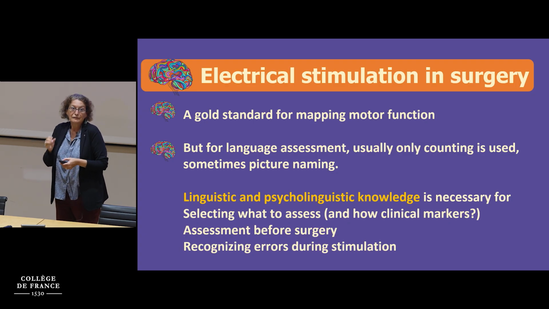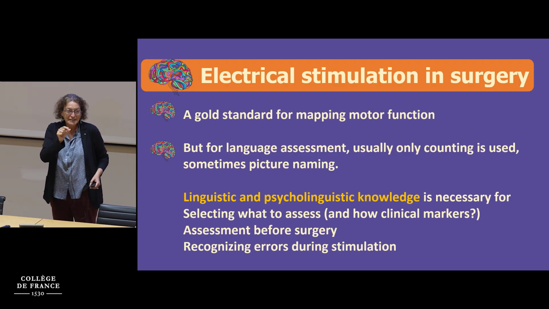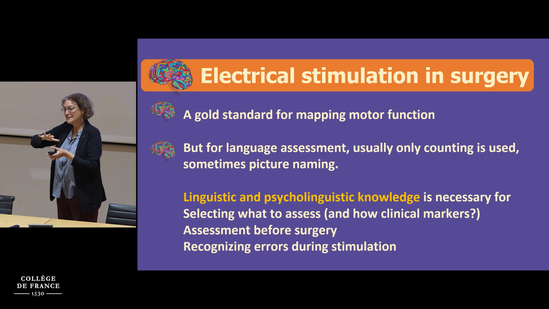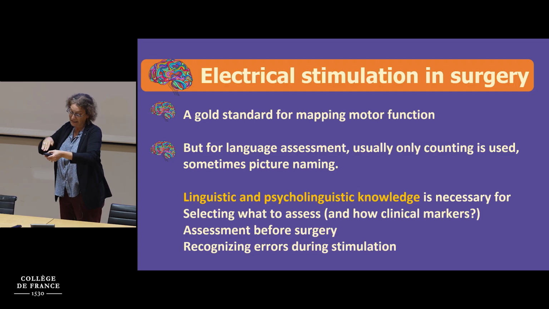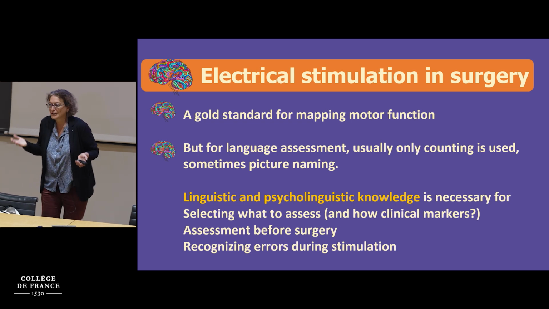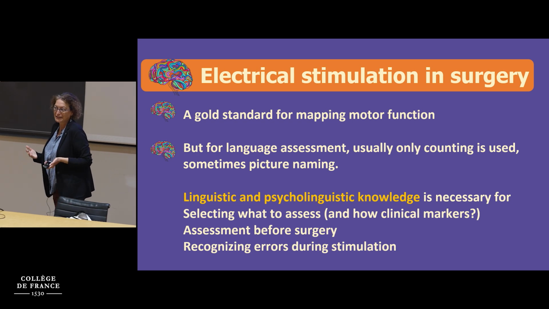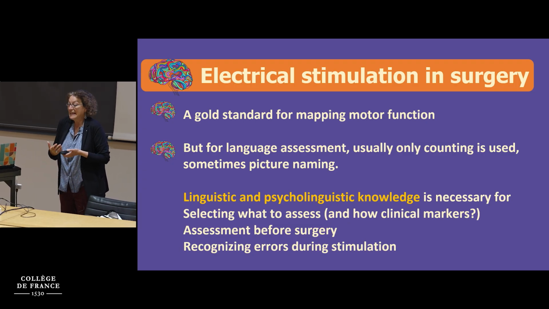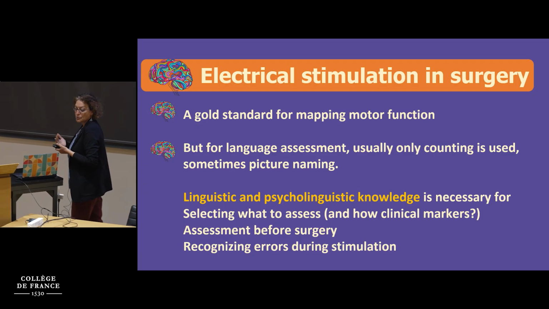And it will be good if we have very good tests for each kind of language ability, and then we can understand the network for this patient and understand from where it would be best to access the tumor. This is where linguistic theory and psycholinguistic theory comes into play, because it will give us the tools to understand exactly what kinds of abilities we want to test.